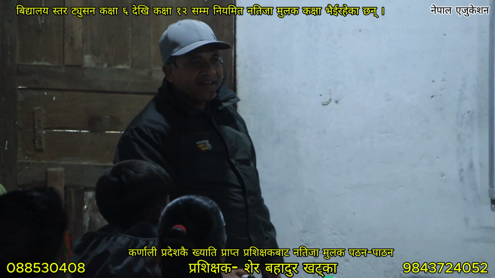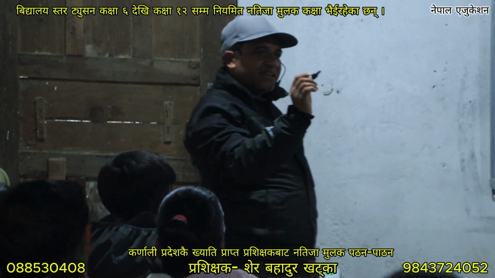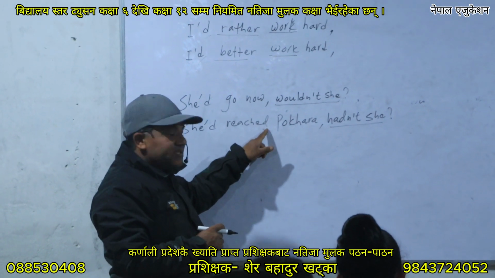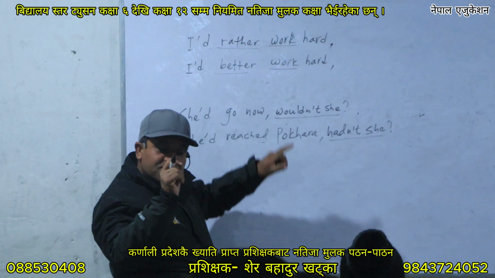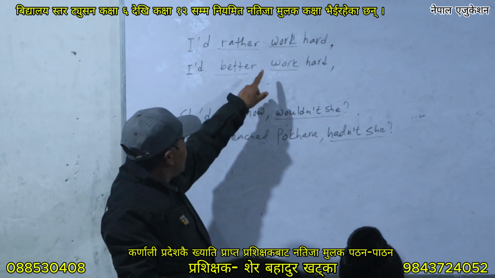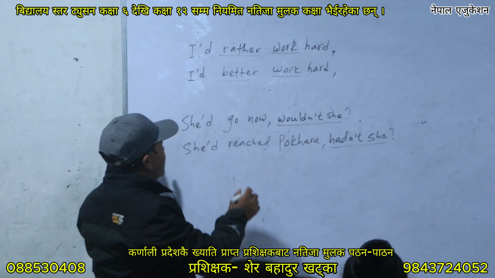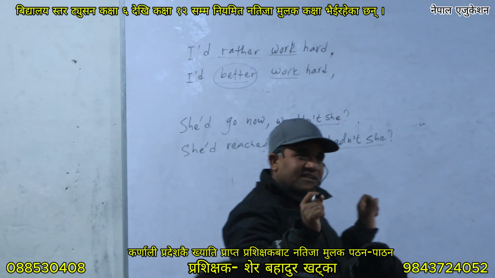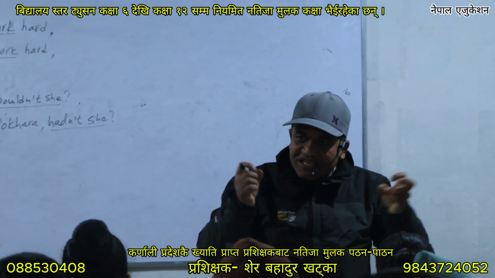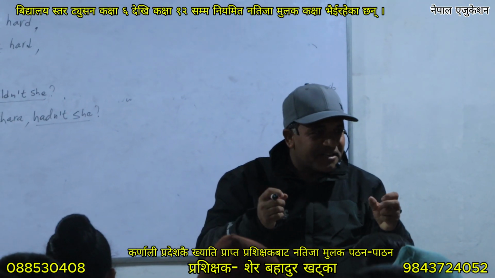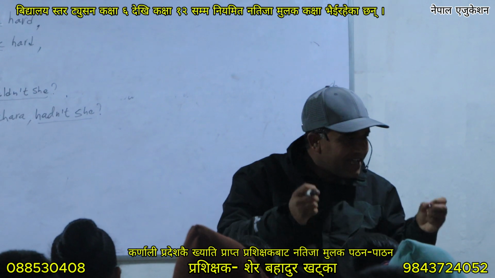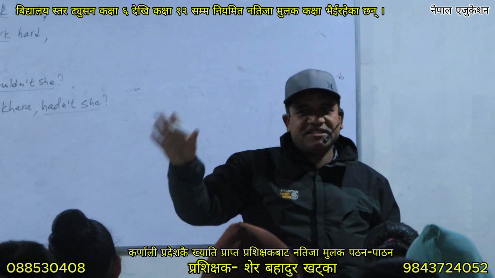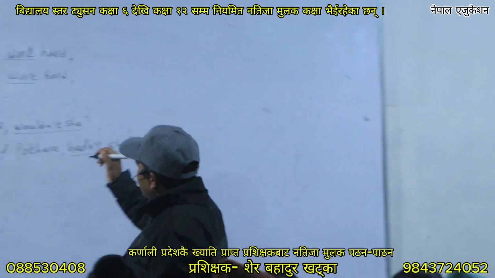Very good. Right? Just now we discussed that if there is verb 1, that should be would. But here there is verb 1, but there is the word what? Better. Remember, better. If there is better and a verb, there is always had.